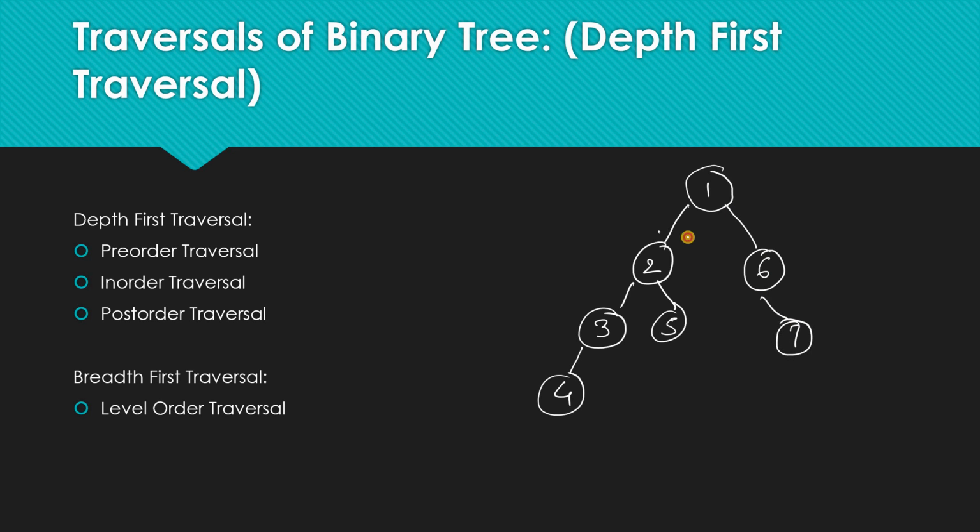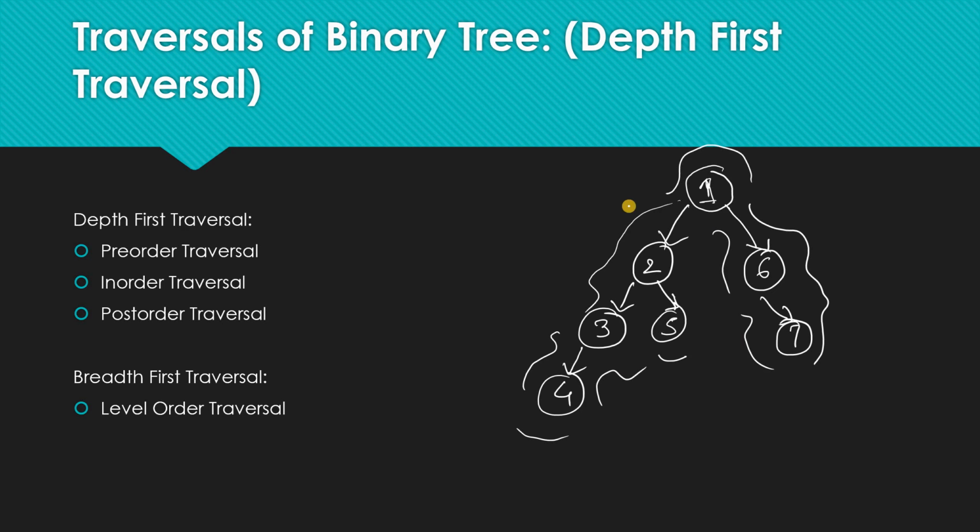To explore all the nodes of this tree, we have to have a traversal mechanism, right? So that's why we need the traversal mechanism, because by using this traversal mechanism, we will be able to explore all the nodes present in our data structure, right? If we don't have the traversal mechanism, we will not be able to explore all the nodes which are present in our data structure.